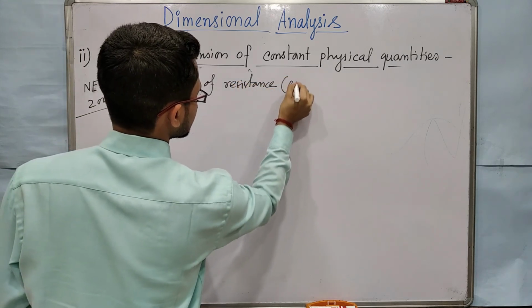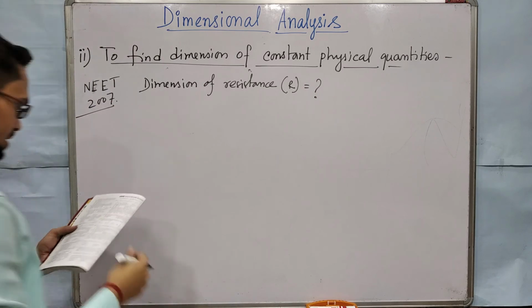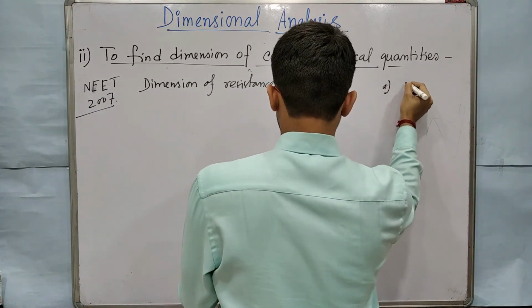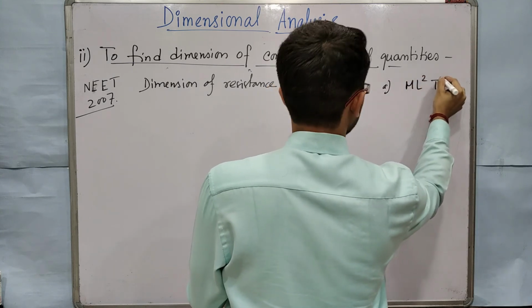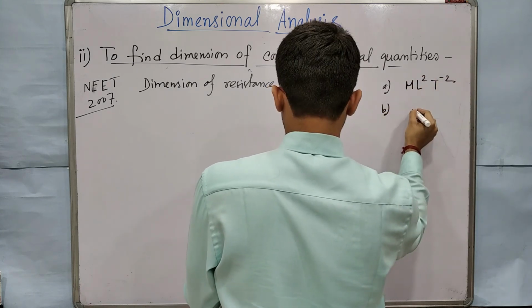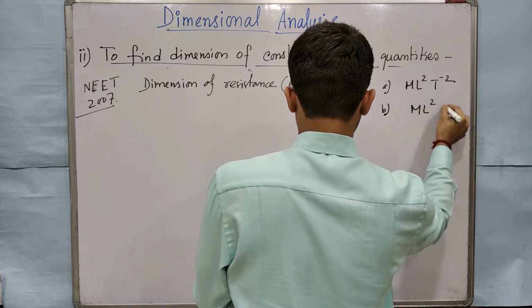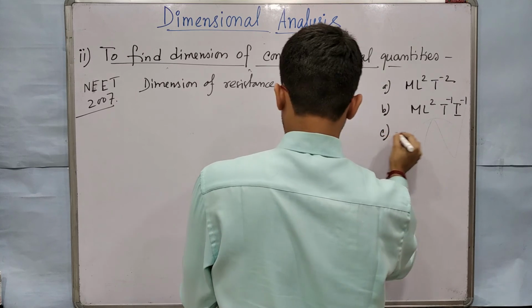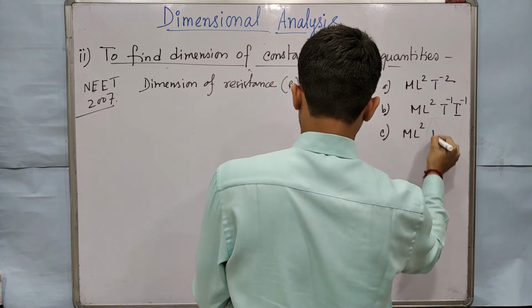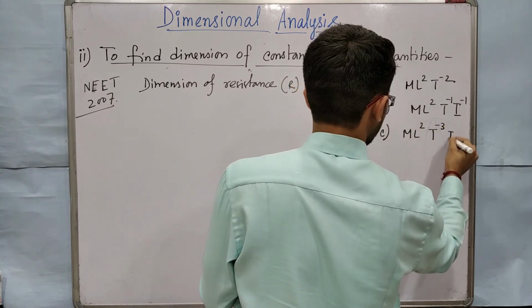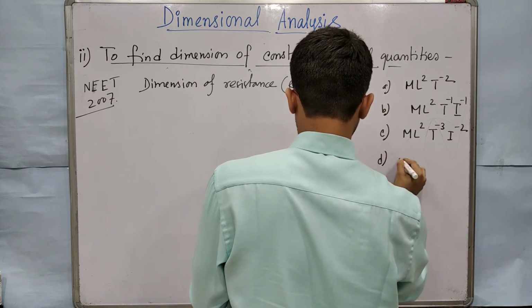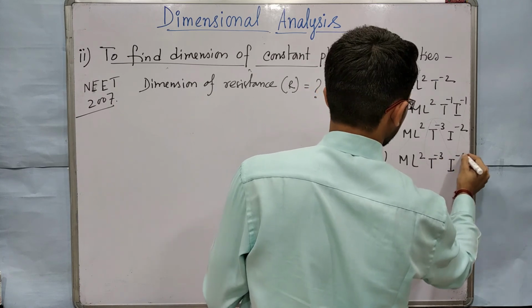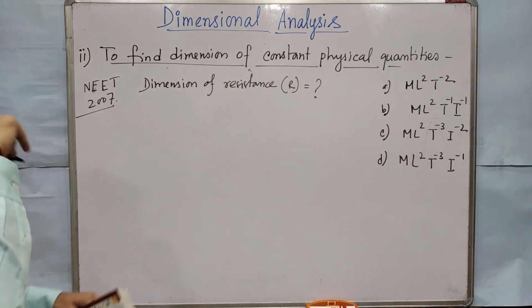There are 4 options: A, M L square T minus 2; B, M L square T minus 1 I minus 1; C, M L square T minus 3 I minus 2; and D, M L square T minus 3 I minus 1.